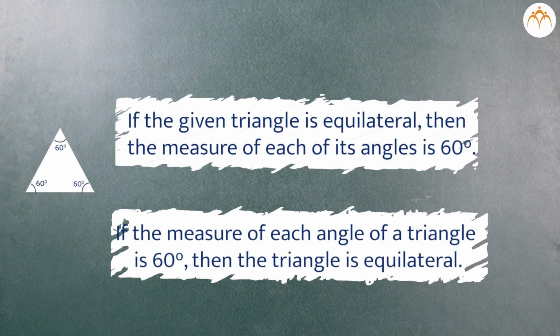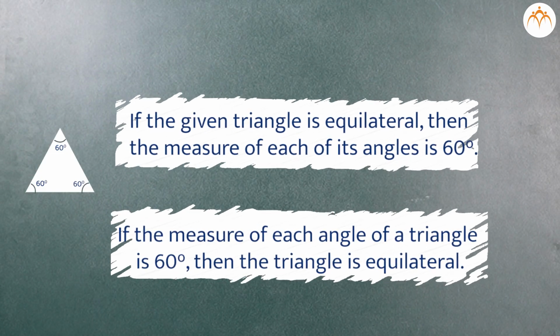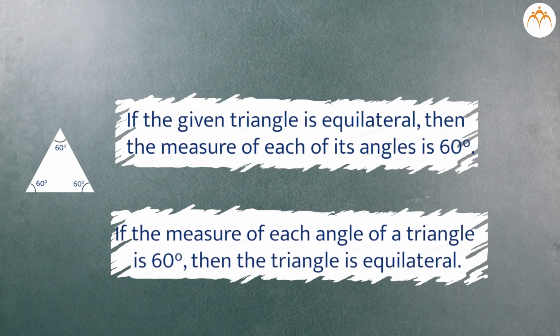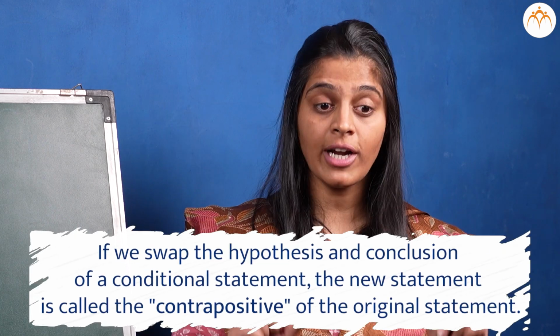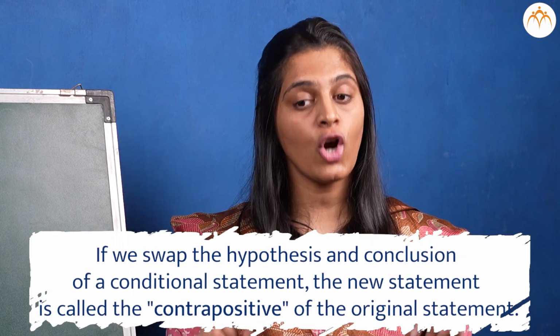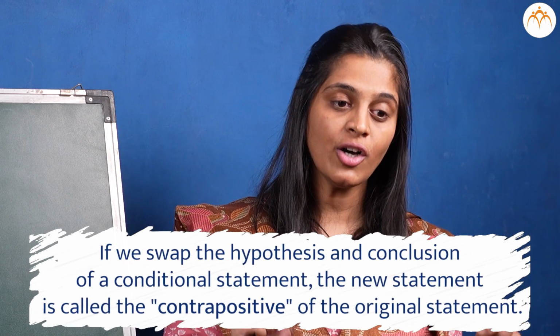If the measure of each angle of a triangle is 60 degrees, then the triangle is equilateral. Now, what is a converse? If we swap the hypothesis and conclusion of a conditional statement, the new statement is called the converse of the original statement.